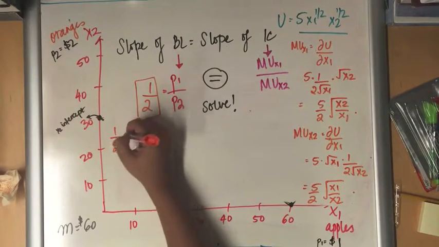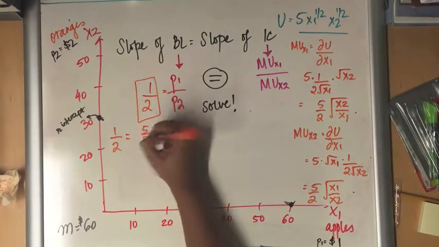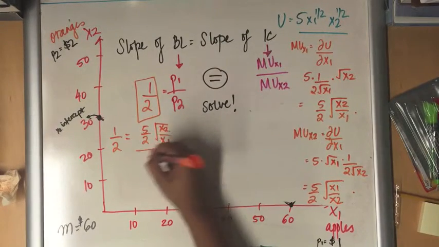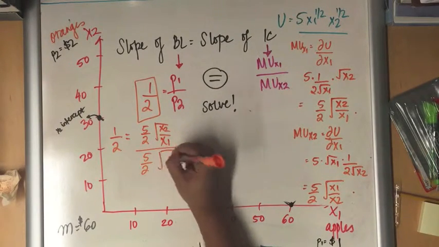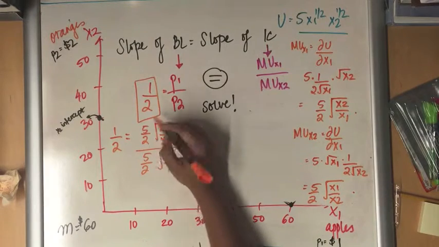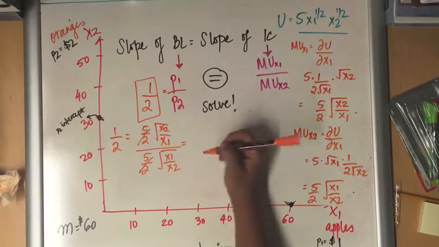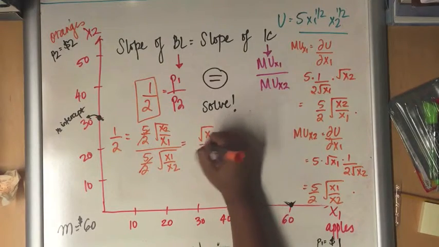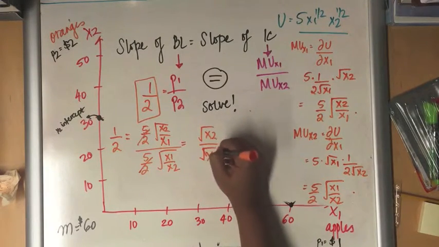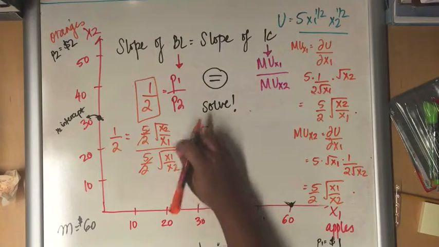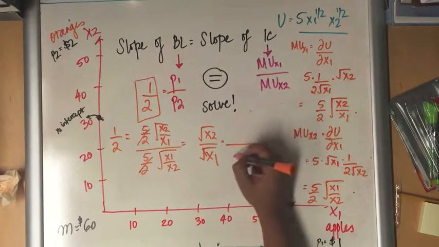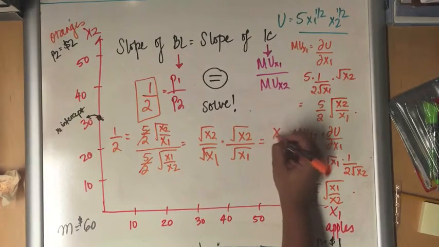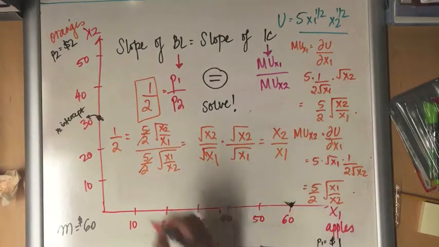Half equals 5 over 2 root x2 over x1 divided by 5 over 2 root x1 over x2, and I can cancel these out. It is now root x2 over root x1 multiplied by, take this on the top, divide by root x1, root x2, which is just x2 over x1.